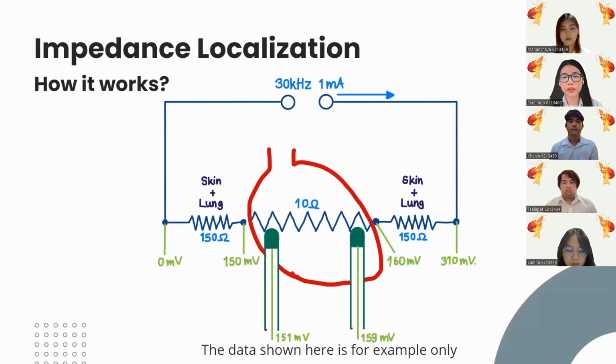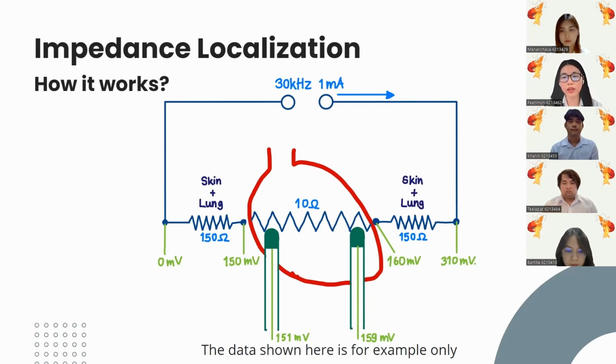In this system, 3 skin electrodes are used to send 3 small 1 mA currents to the thorax in 3 orthogonal directions with slightly different frequencies of around 30 kHz. This will recreate a voltage gradient or vertical field strength on the X, Y, and Z axes. The voltage will drop according to the bioimpedance of the internal organs around.